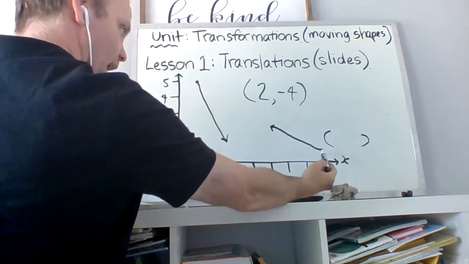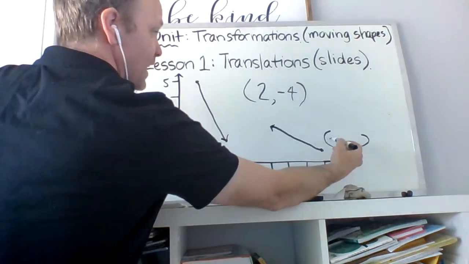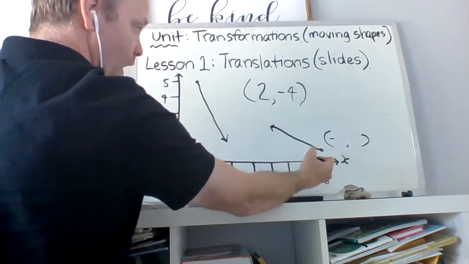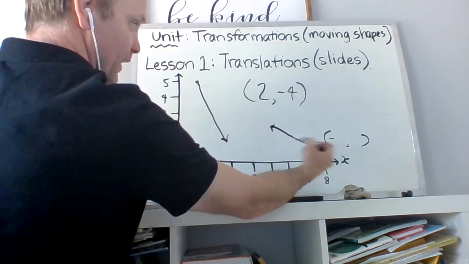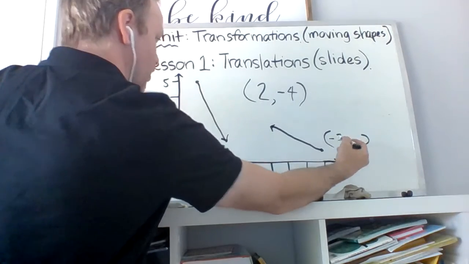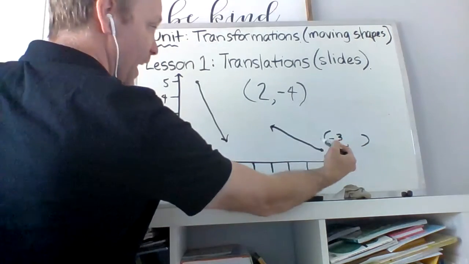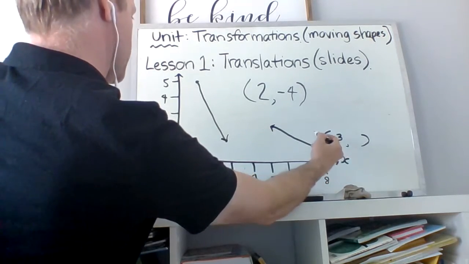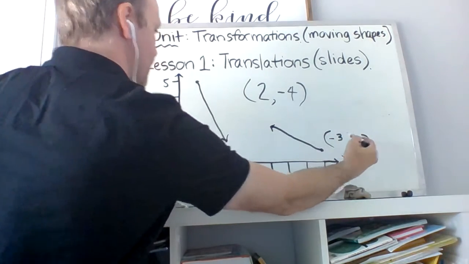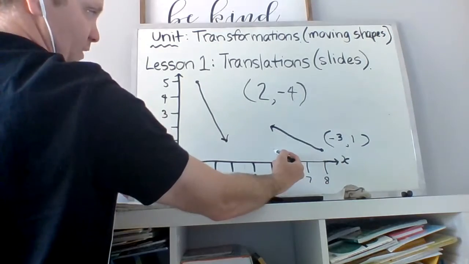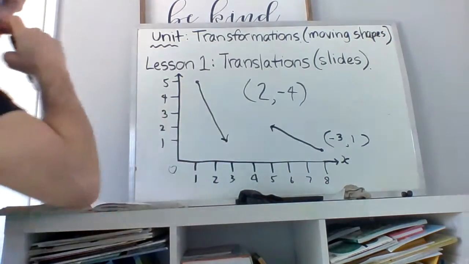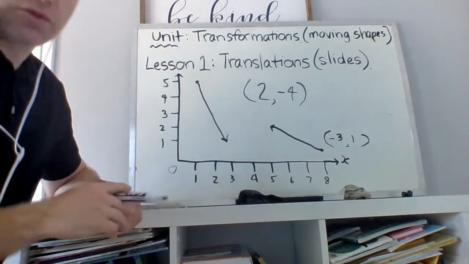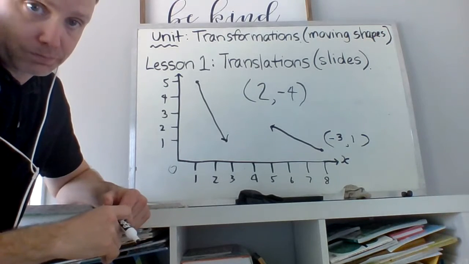I started here. I went backwards, which means negative: 1, 2, 3. I went negative 3 along the x-axis, and I went up 1. So I went backwards 3, or negative 3, and up 1. That's how you're going to describe translation arrows.